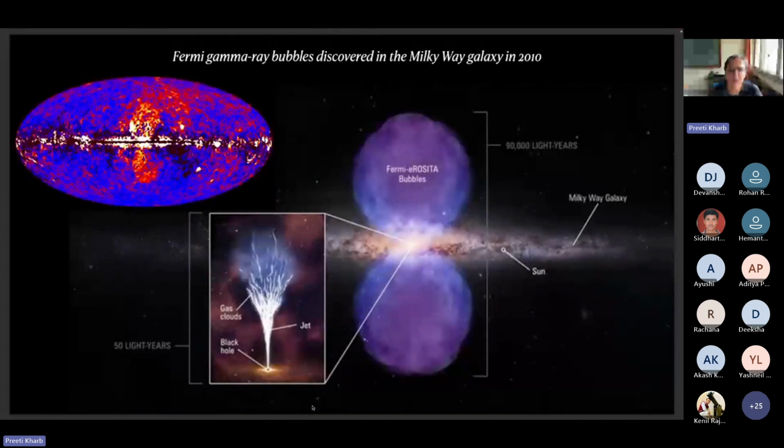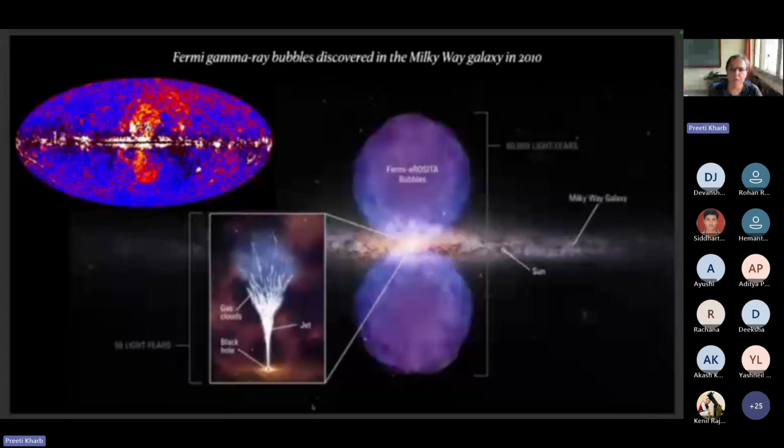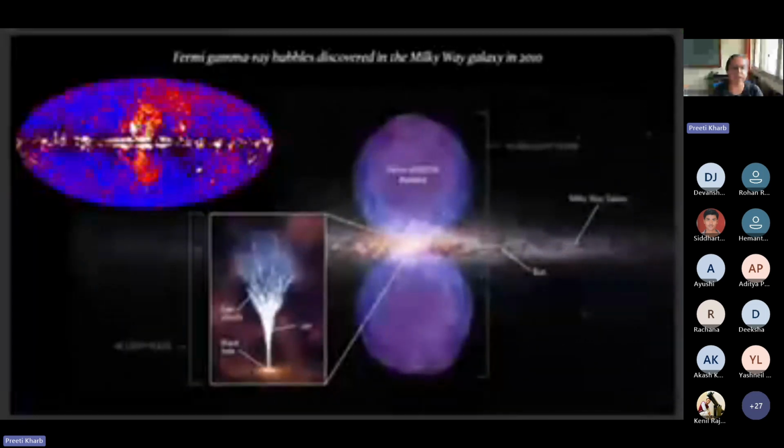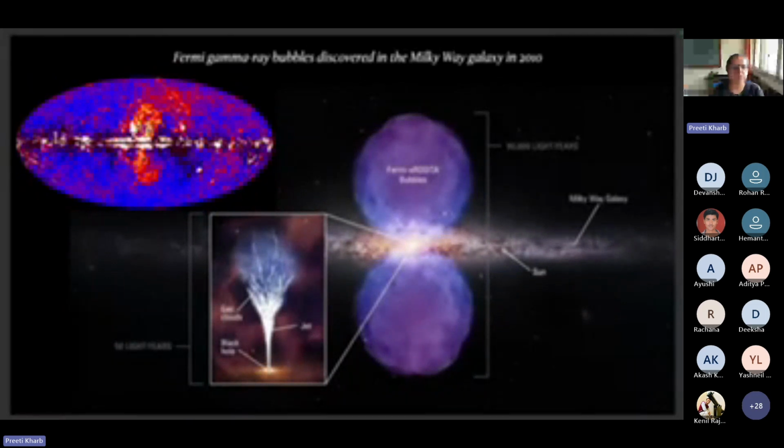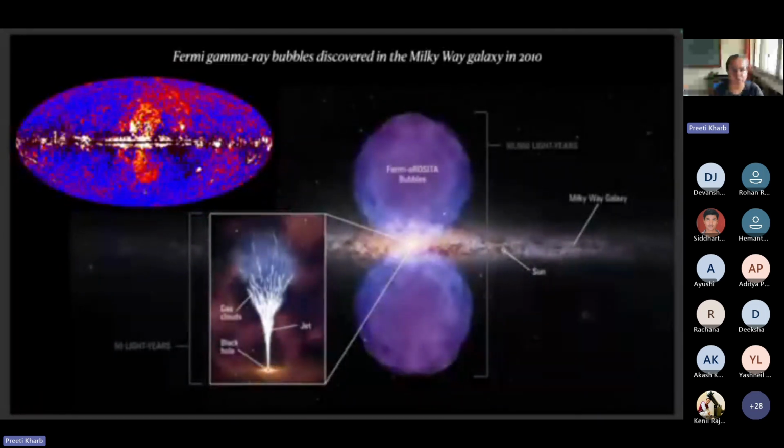Now, let me go to another interesting discovery, which was made in 2010. This was the discovery of gamma ray emission from the Fermi Gamma Ray Telescope. On the left panel is the image of the galactic disk, and you can see here on the top and bottom, extending to several kiloparsecs, what are now called Fermi bubbles.